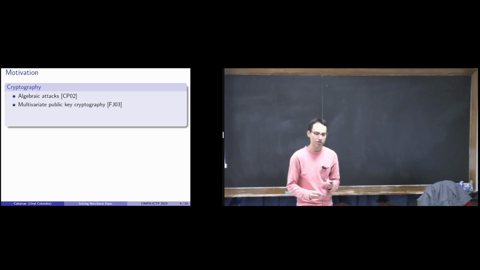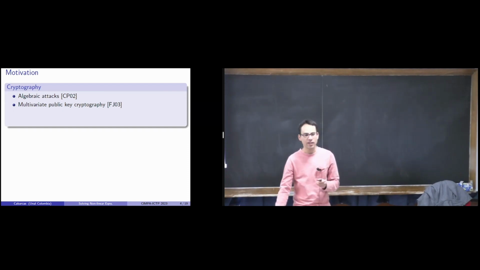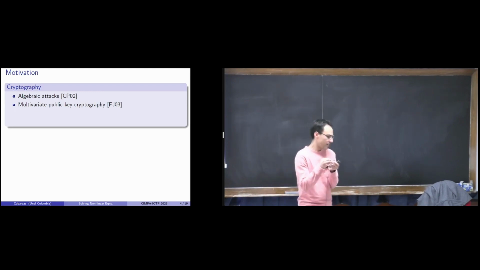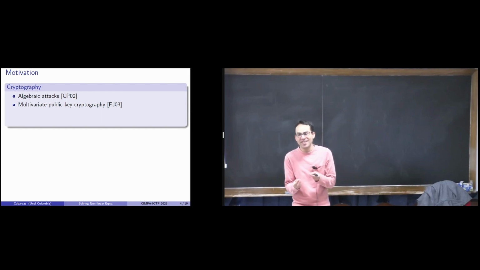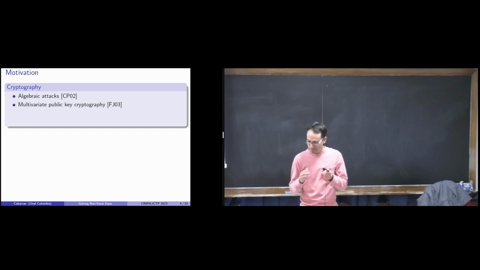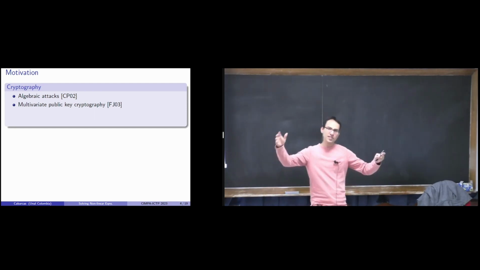HFE is a cryptosystem based on polynomial equations, proposed by Patarin in '96, and by computing Groebner bases more efficiently, they were able to break it directly, solving the system of equations. It was a huge system.